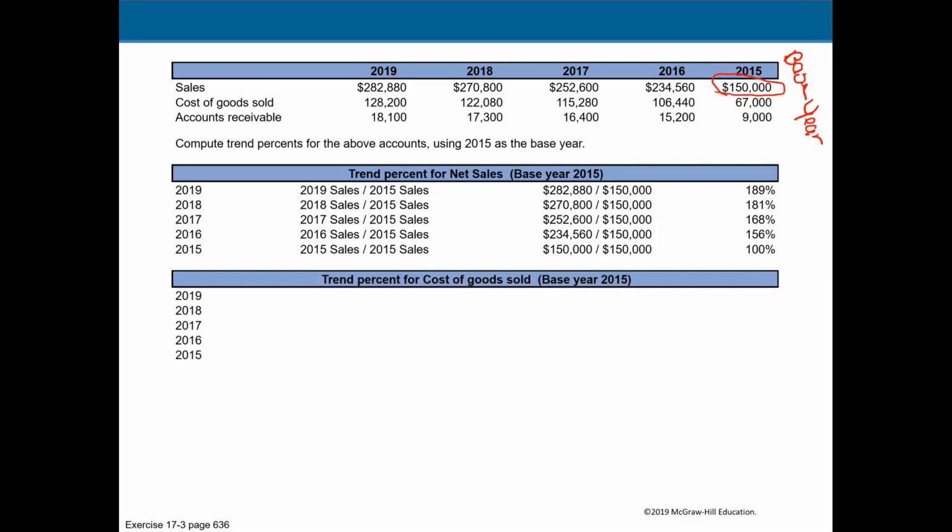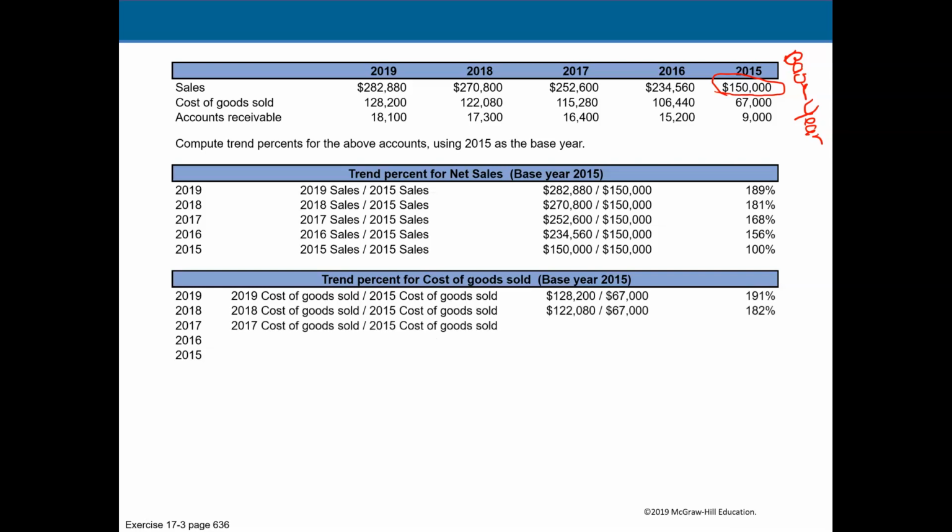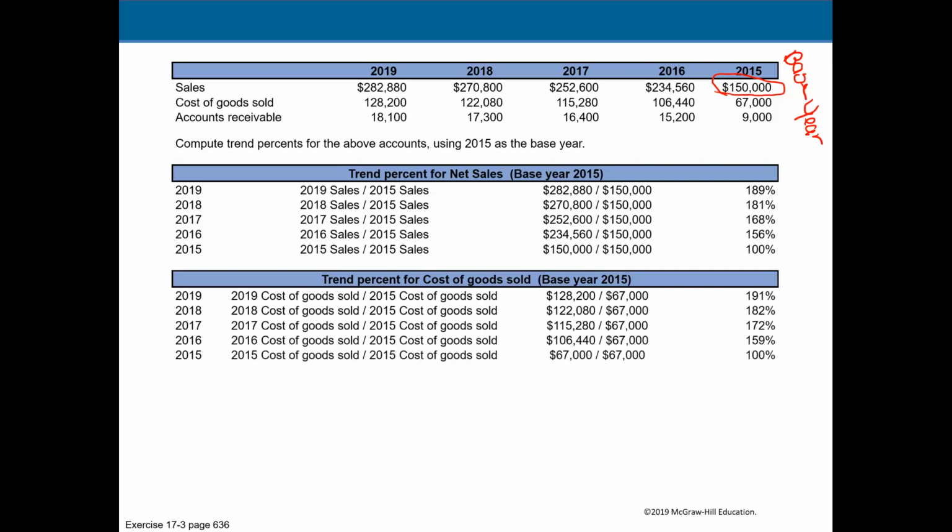Okay, let's do this one more time, but this time with the cost of goods sold. Take 2019, which is the year we're looking at, and divide it by the base year of 150,000. And you get 191. And then year 2018, 2017, 2016, and then 2015.